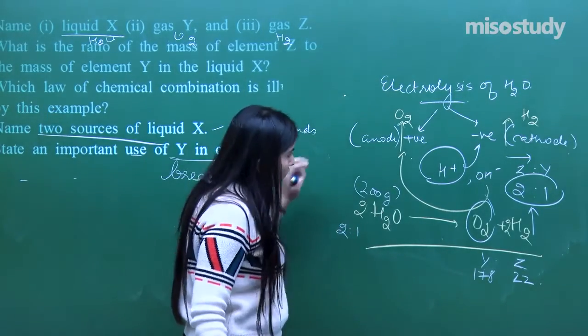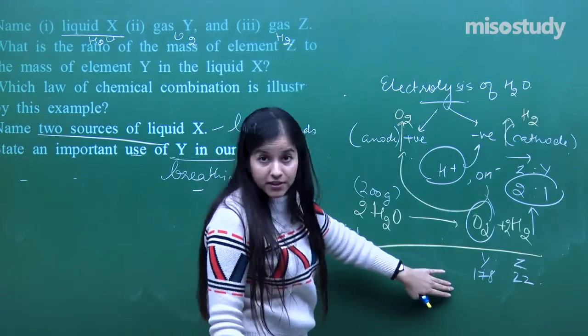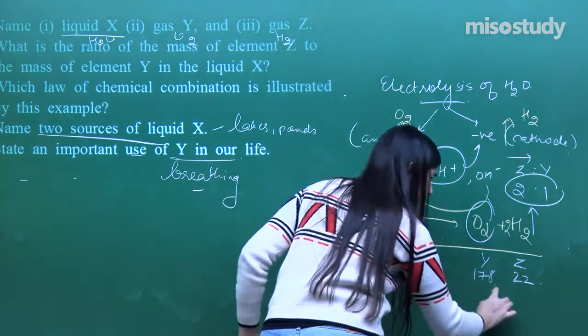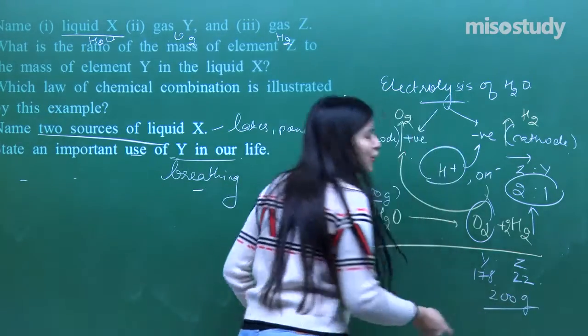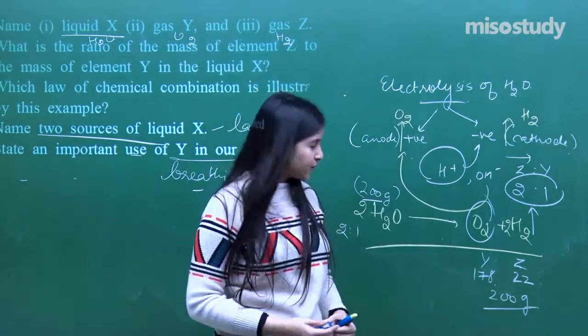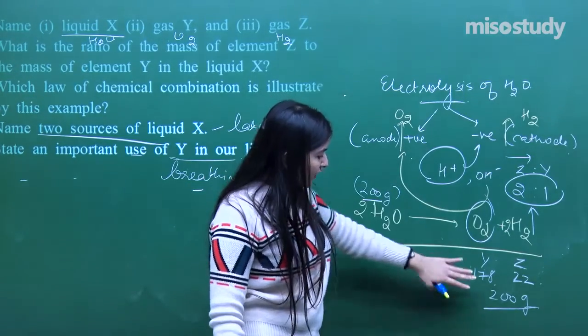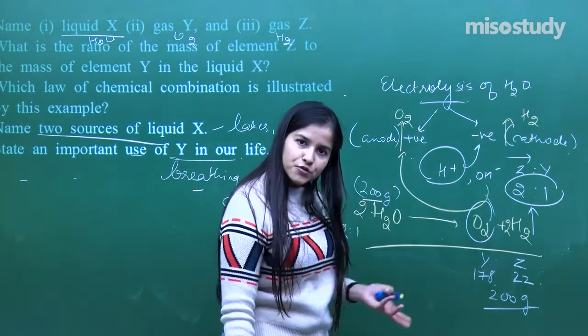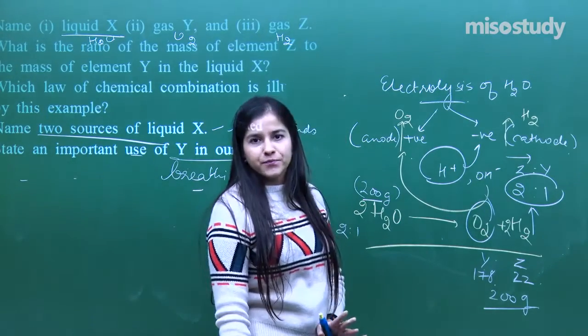Now as per the given data, what are they depicting? 200 grams this is. How much is this? Again 200 grams. Law of conservation of mass. And also, if you look very carefully, if you try to find the ratio of each one of them, again it is going to be 2 is to 1 only.